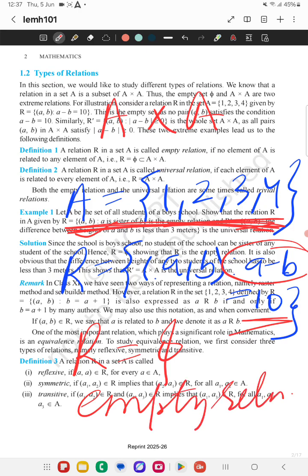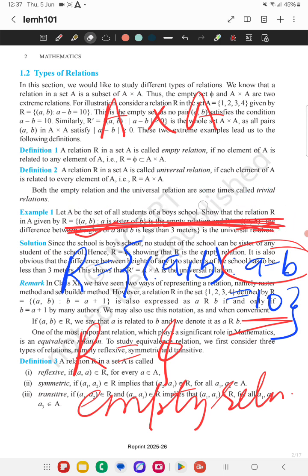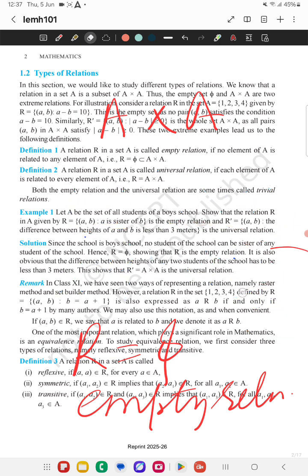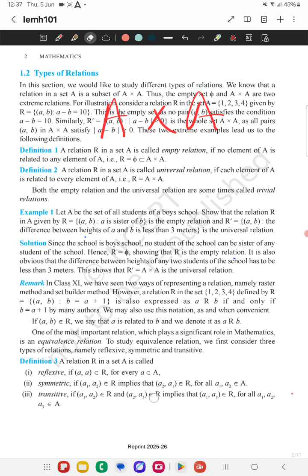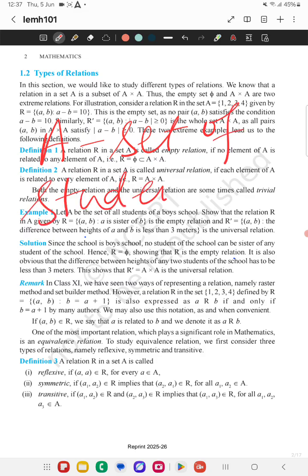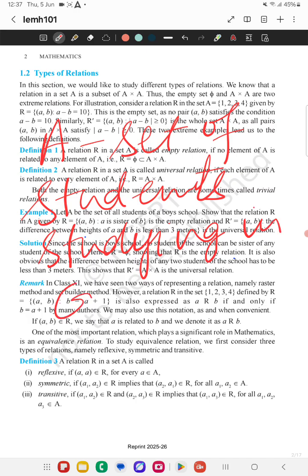I will give one more example. Suppose A is the set of students studying in GCW Gandhinagar, the Women College.